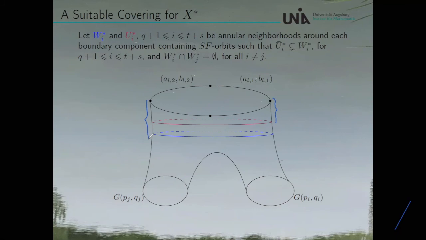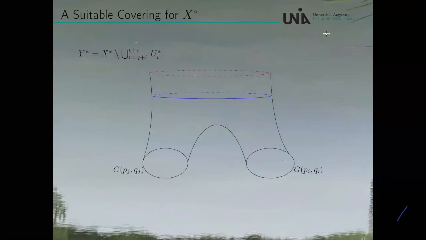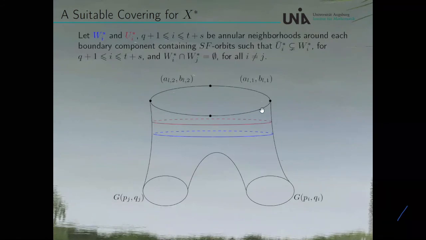Okay, I have these neighborhoods around boundary components with singular orbits. And then what I do is that I take out the U_i's, the purple one. So I take out this part.